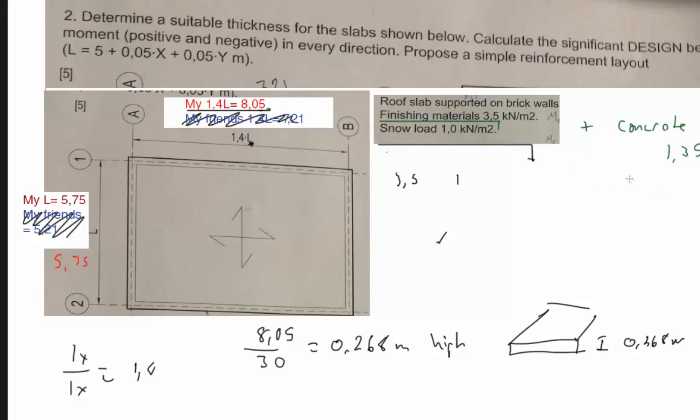And the snow load is 1.5, so we take 1.35 times 3.5 plus 1 times 1.5. Also plus the height of the slab, 0.268 times the value for concrete, which is FCD, which is 25, which is given, times 1 times the length, right?